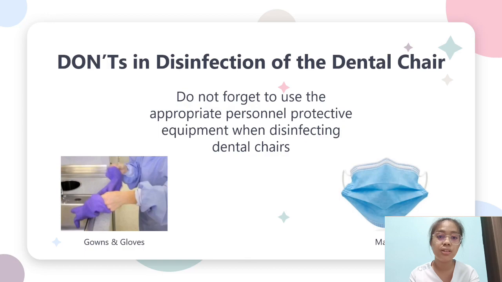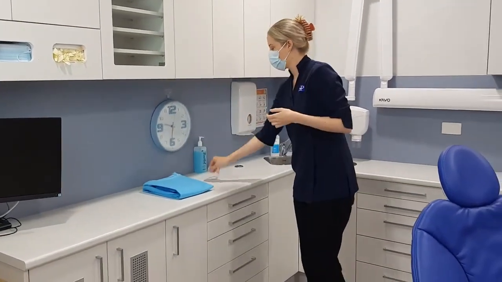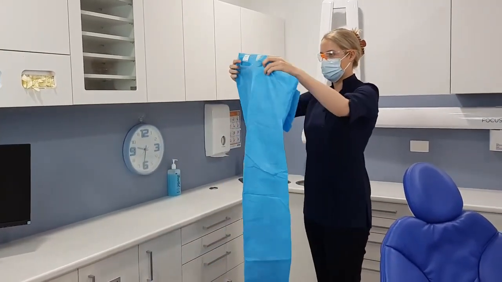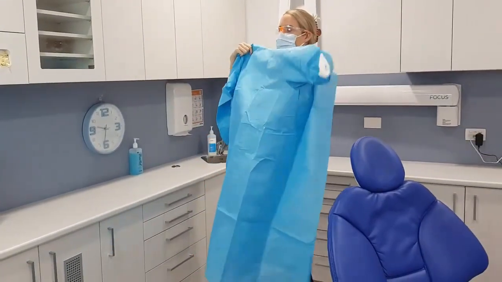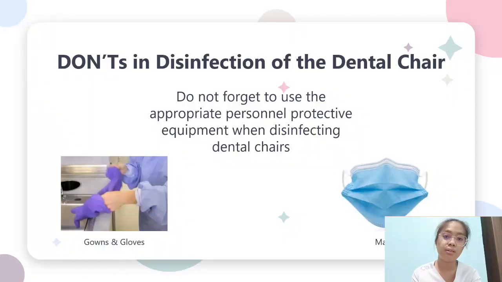The second is do not forget to use the appropriate protective equipment such as gowns, gloves, and masks when disinfecting dental chairs to protect sensitive parts of the body such as eyes, skin, and respiratory system from coming into contact with disinfectants.